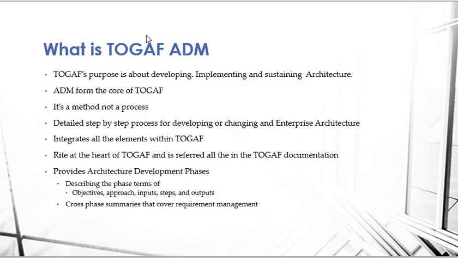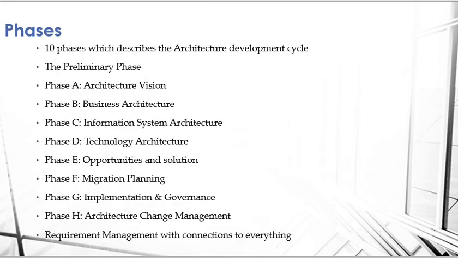The cross-phase summaries are covered in the requirement management phase. These 10 phases are described in the architectural development life cycle. The first is the preliminary phase. Phase A is the architecture vision. Phase B is the business architecture. Phase C is the information system architecture.